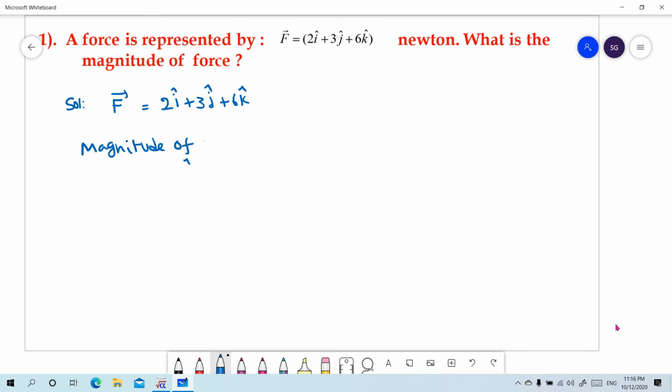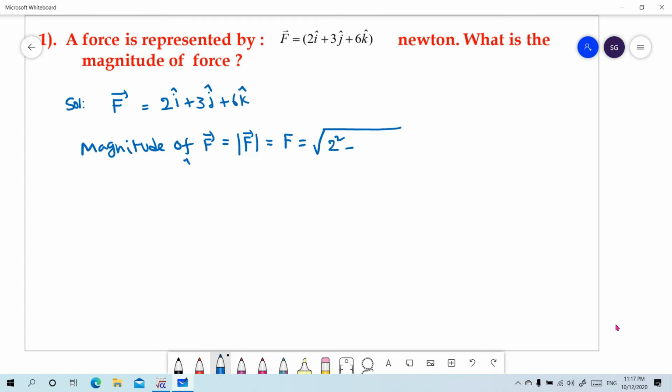Magnitude of F bar, that can be written as modulus of F bar, is equal to root of ax square plus ay square plus az square formula.